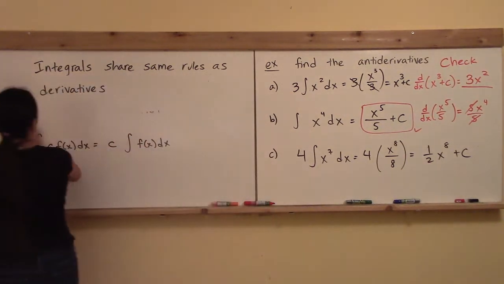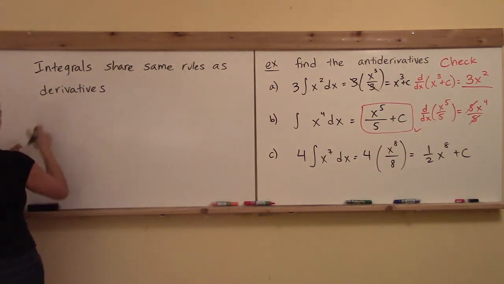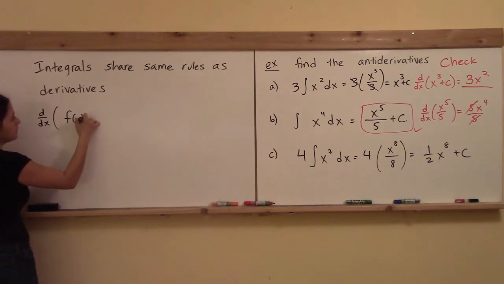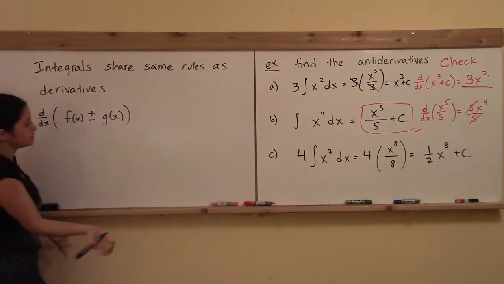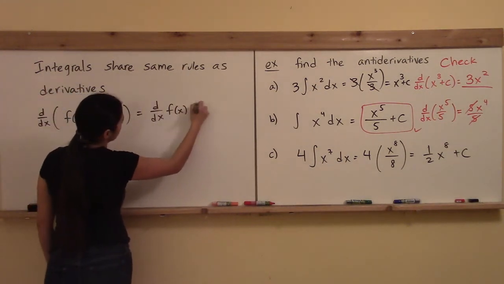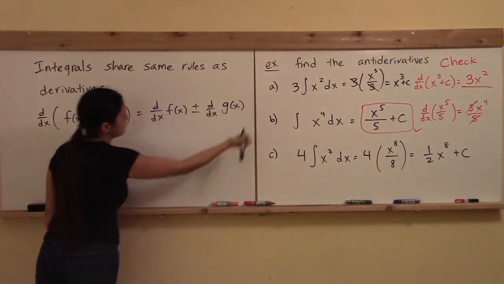And then we have one other rule from derivatives, which was known as the sum and difference rule. That was the fact that the d/dx of two functions, f of x plus or minus g of x, whichever one it is, is equal to just taking the derivative of f of x and then plus or minusing the derivative of g of x.